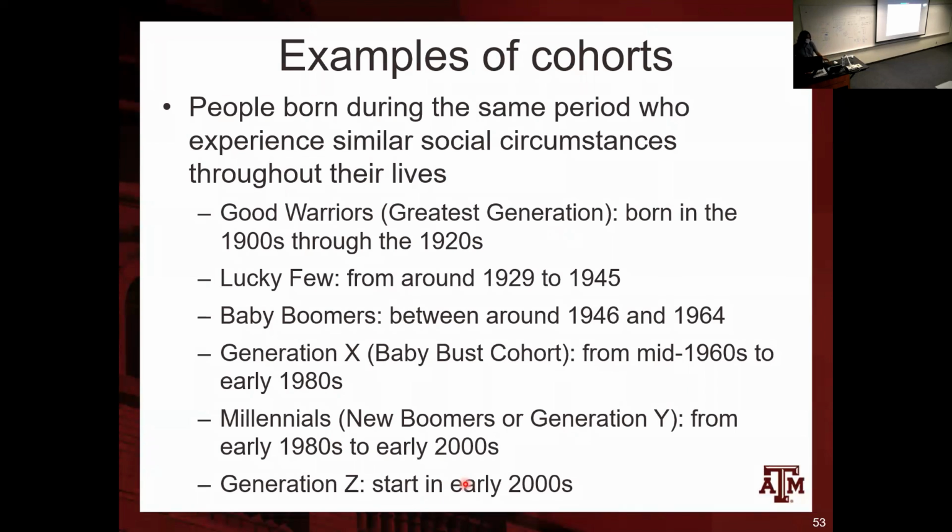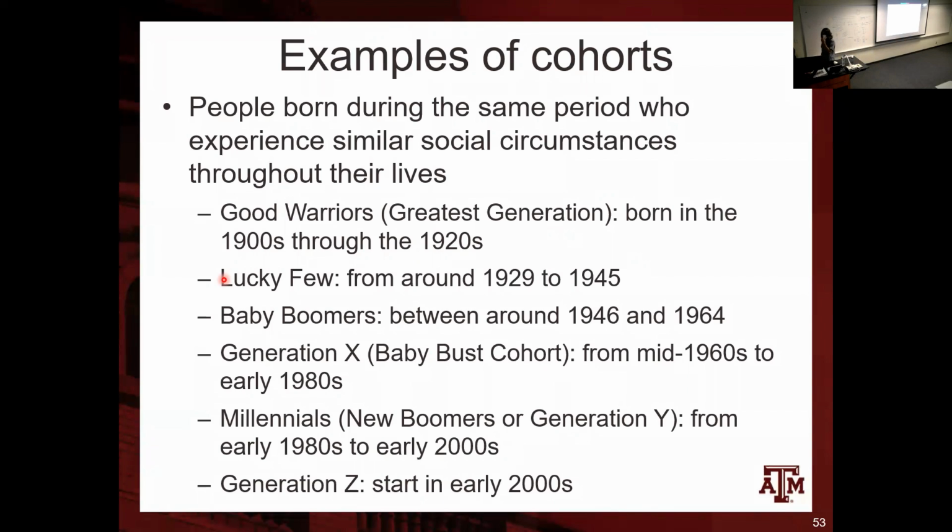So there are different classifications of cohorts. This is an example here for the US. These classifications in terms of time vary a lot, so it's not a really set time. I'm not actually asking you to memorize these years. It's just to have an idea.